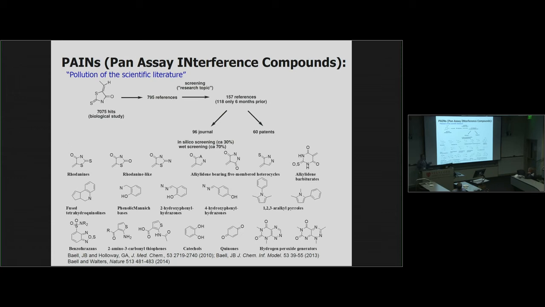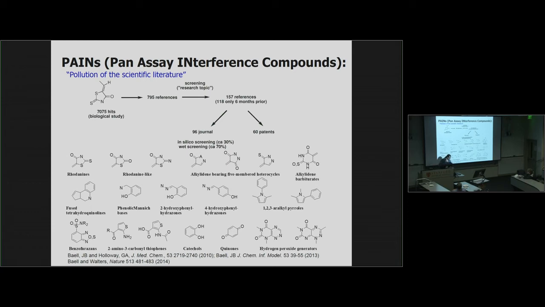Now, the reason I say this is controversial is because before Steve says it, I will say that some of these substructures do appear in approved drugs. And so it's not necessarily the case that a PAINs molecule is a priori acting pathologically. But if you go back to that notion of false positives versus true positives, the odds are raised against you if you have a molecule that has one of these substructures in it.